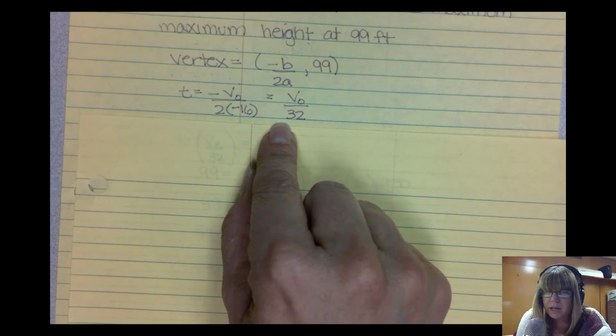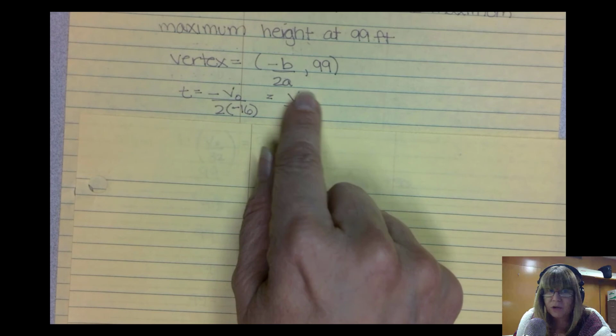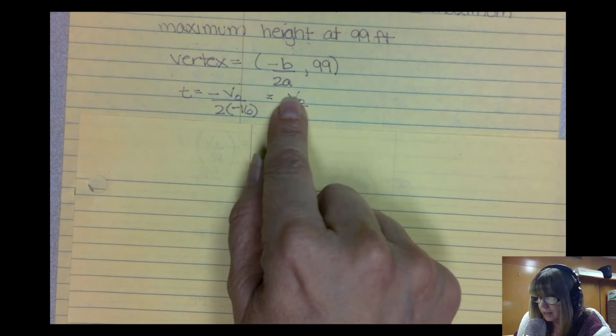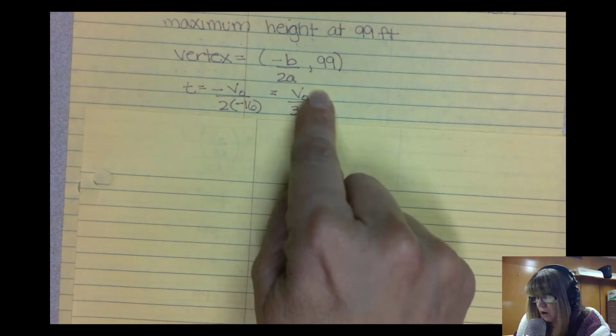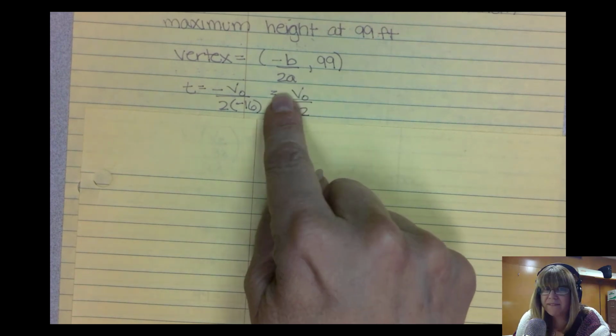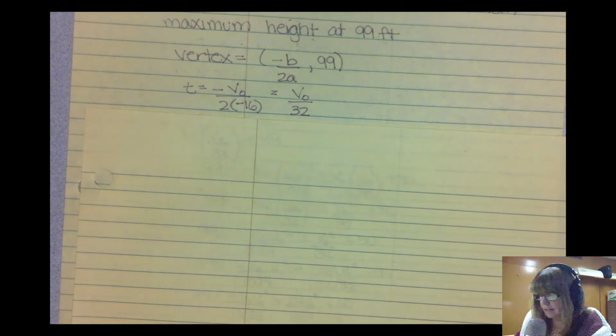Now I know it looks like, oh, well, we can't solve this because we don't know what our initial velocity is, but hang in there. We know that if we evaluate our function using this value, we will get 99. Okay, so if we evaluate it at h, we get k.